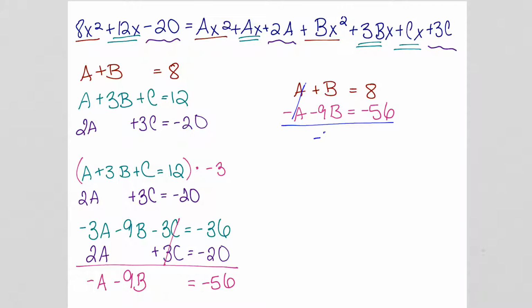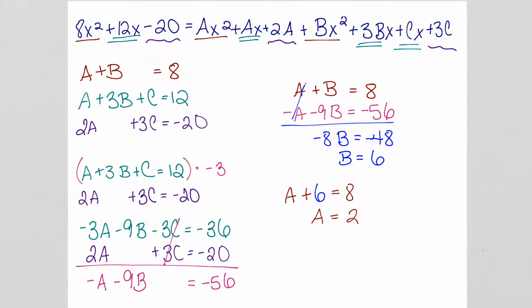That's great. So negative 8B equals negative 48. So B is 6. Awesome. So now we just need to find A. So A plus 6 equals 8. So A is 2.